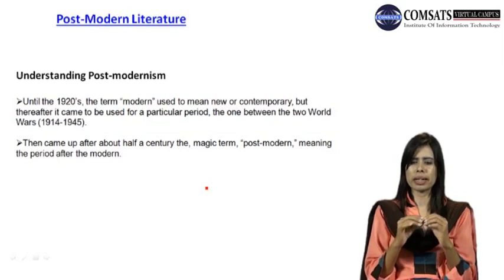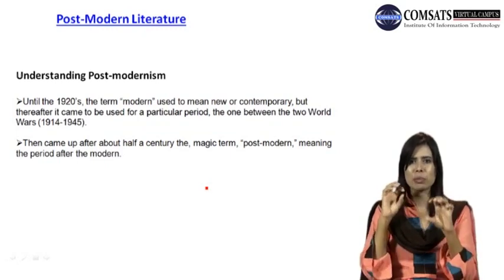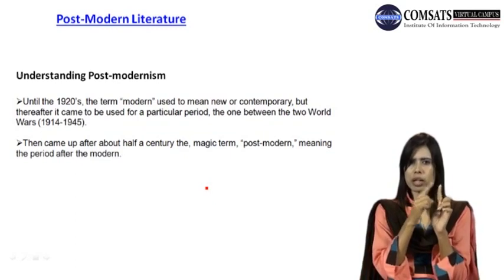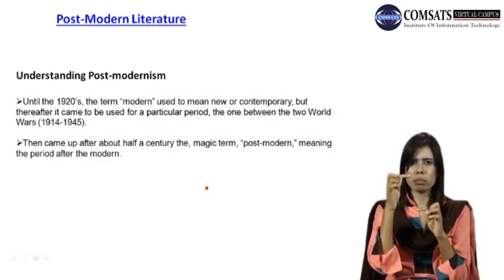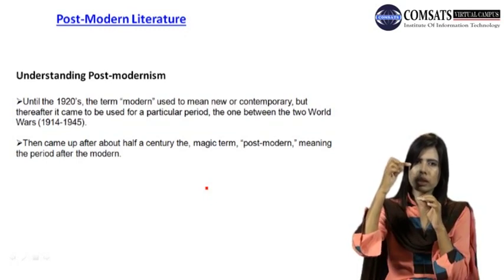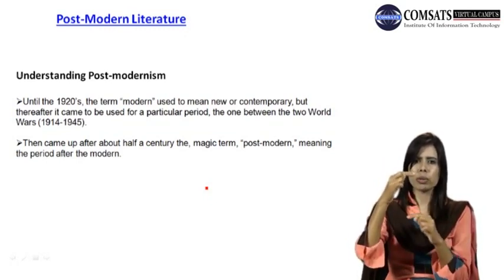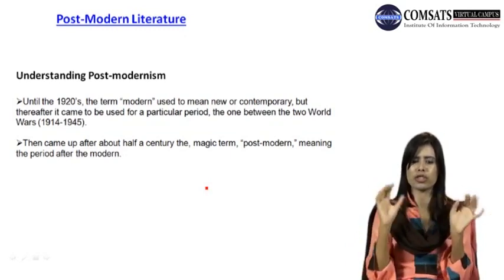So what do we mean by that? It is a particular period. We are categorizing modern literature as the period from 1914 to 1945, known as the modern period between the two world wars in the history of English literature.